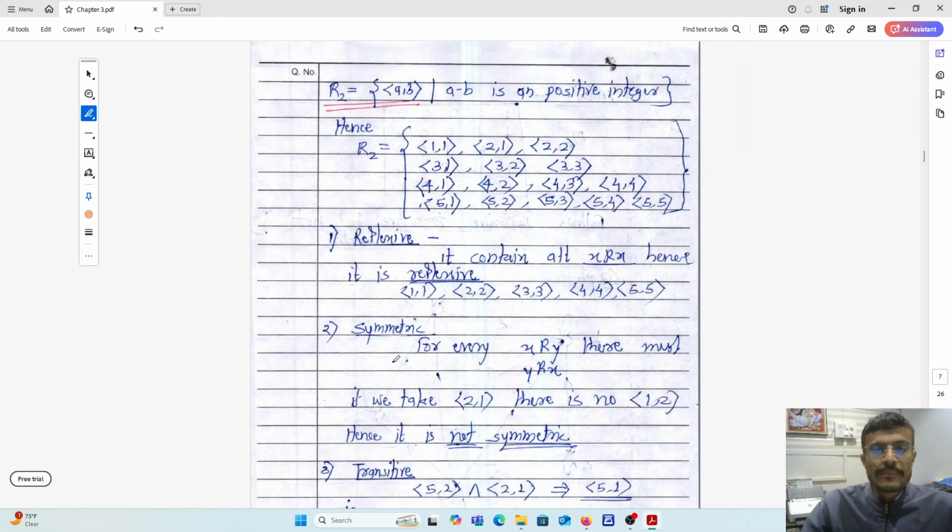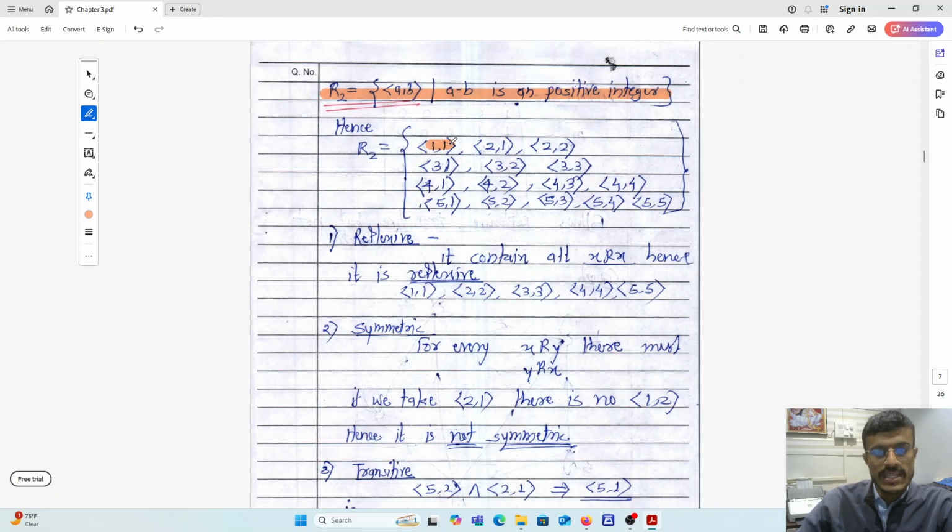Now take another example, that is R2 of a comma b, where a minus b is a positive integer. So a minus b, you have to take a as 1 and b as 1 2 3 4 5 and check.